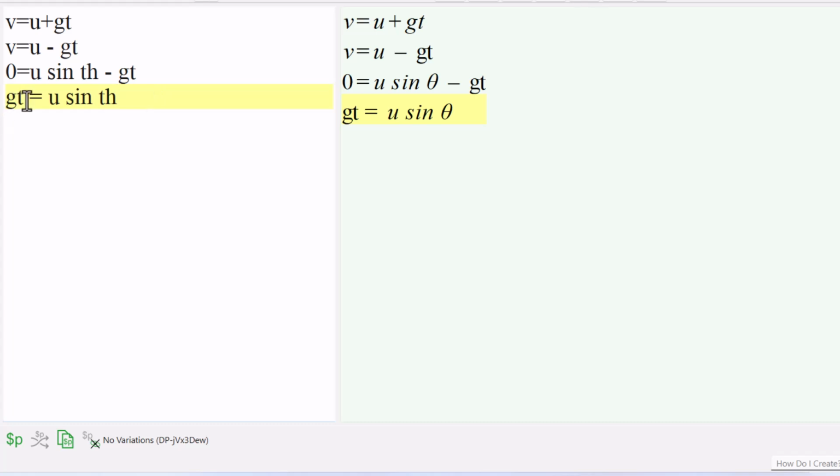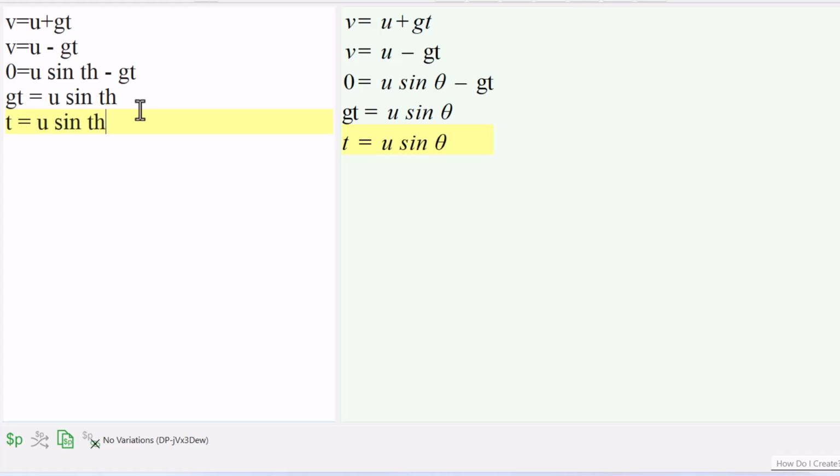Now divide both sides by g. We are going to have t equals u sine theta divided by g. Okay, let me correct this. I need to put it in brackets before I can divide it well. Yes, so that is it.